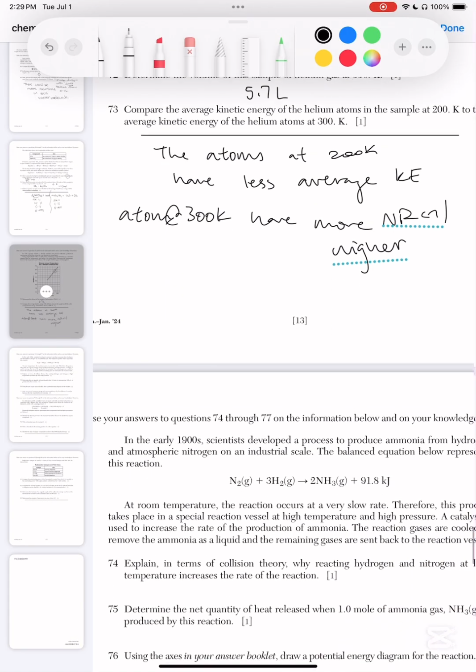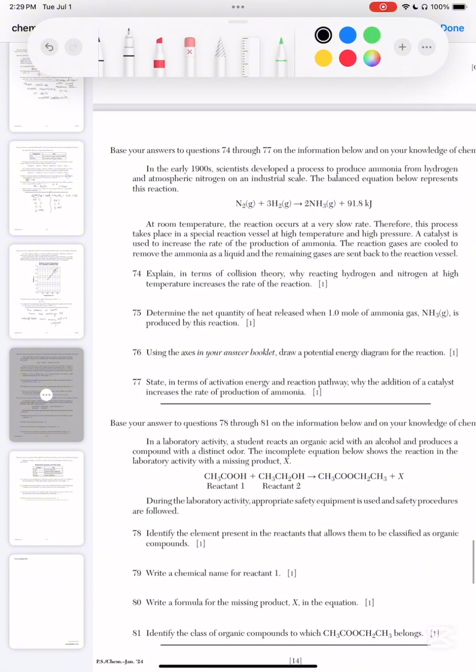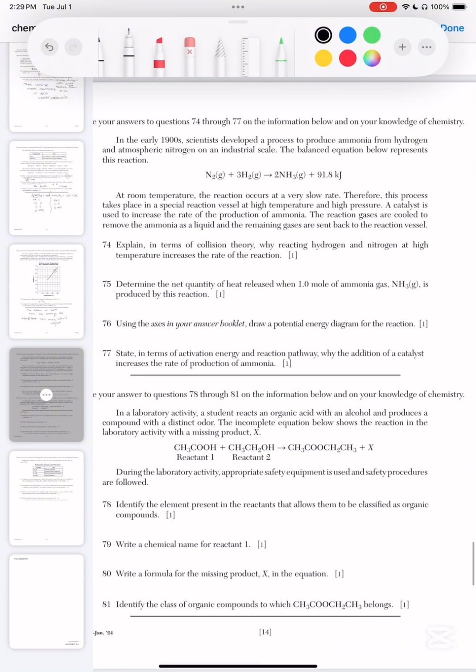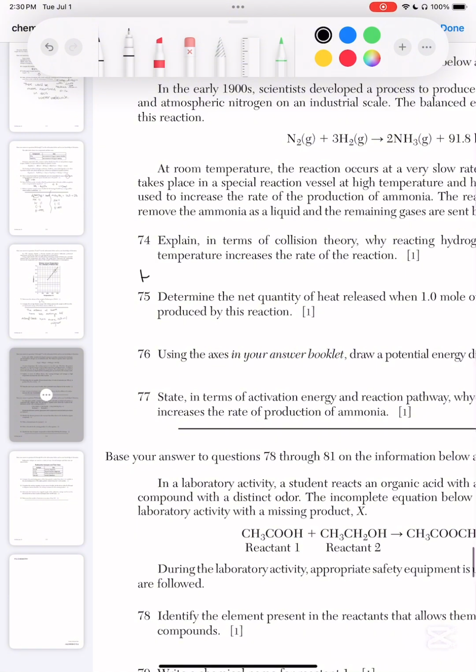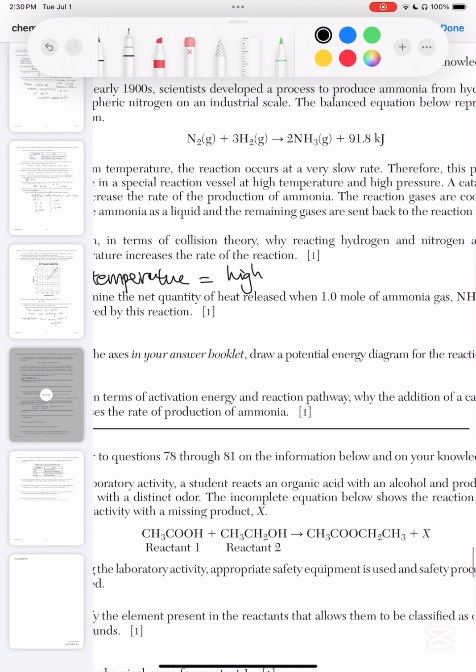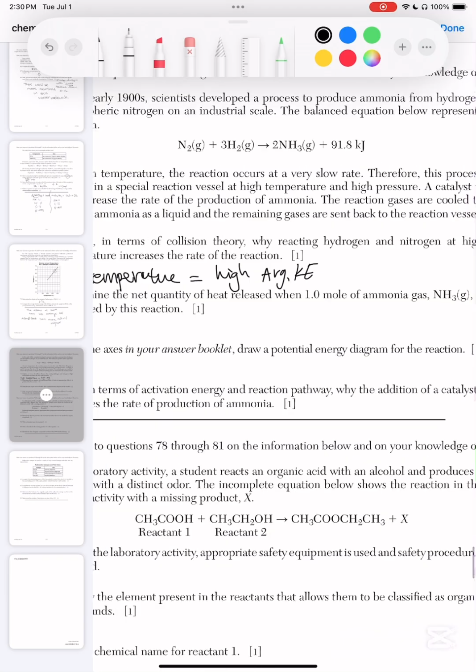Okay, so moving on, number 74 asks to explain in terms of collision theory why reacting hydrogen and nitrogen at high temperature increases the rate of reaction. So, like we mentioned in the last question, high temperature means a high average kinetic energy, right?